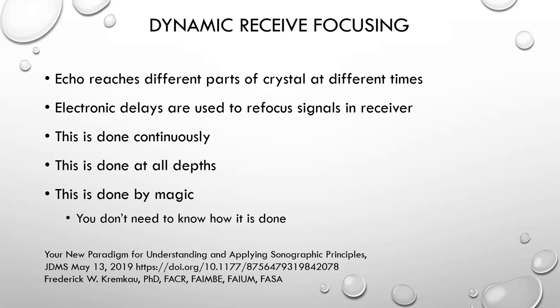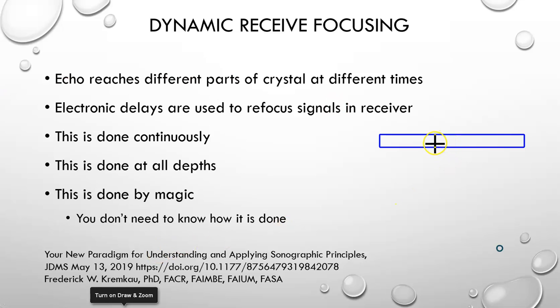There's something called dynamic receive focusing, and this occurs because different parts of the different echoes return to different parts of the transducer at different times. So if I have a transducer element with a little reflector down here, this little reflector can get hit by a sound beam and send back an echo, and it should be somewhat intuitive to you that the echo will return to this point closest to it sooner than it will to one farther away.